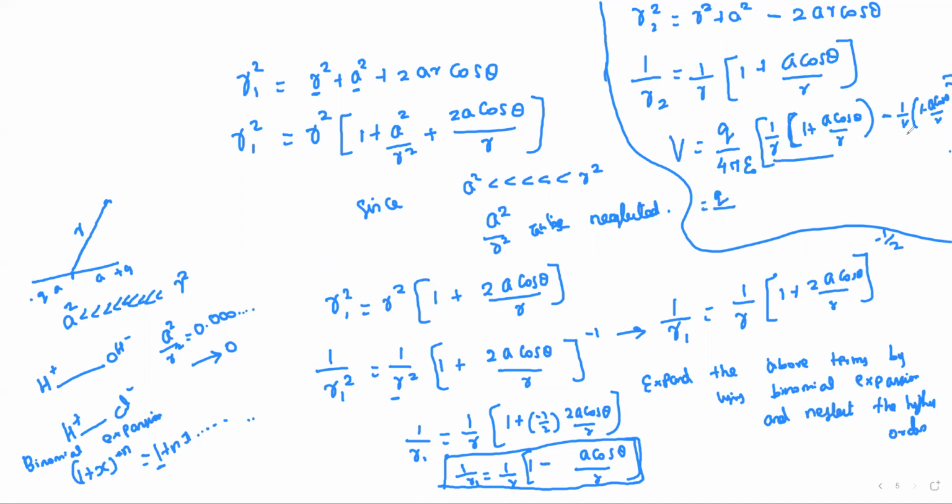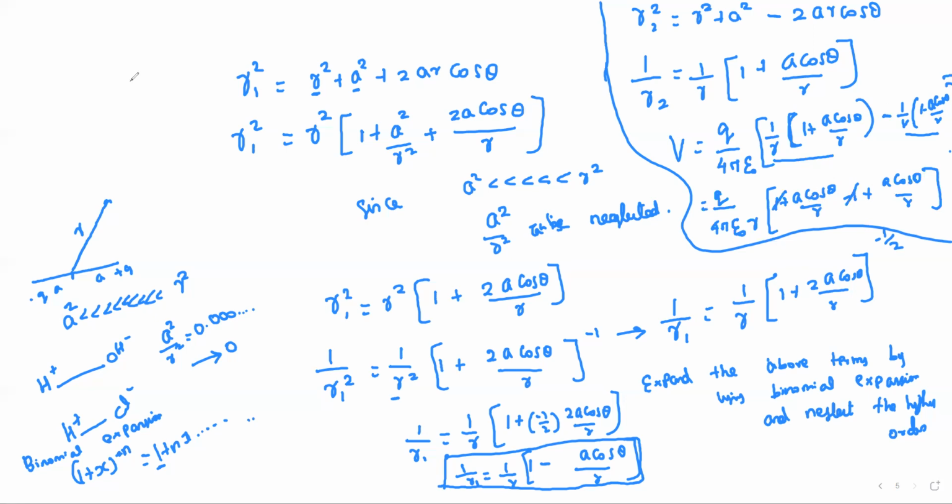Now, in these two terms, I can take 1 by R as common. So Q by 4 pi epsilon 0 R, here also I'm having R, here also I have R, so I just took this R. So it is 1 plus A cos theta by R minus 1 minus A cos theta by R. If I take this minus inside the bracket, it becomes minus 1 plus A cos theta by R. So 1 and minus 1 are getting cancelled.